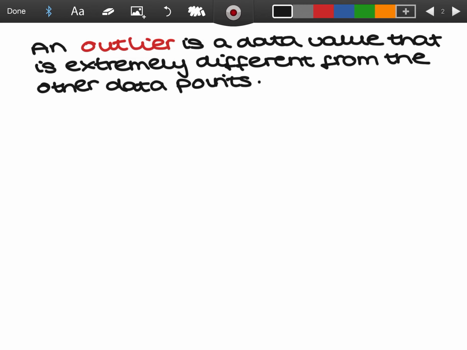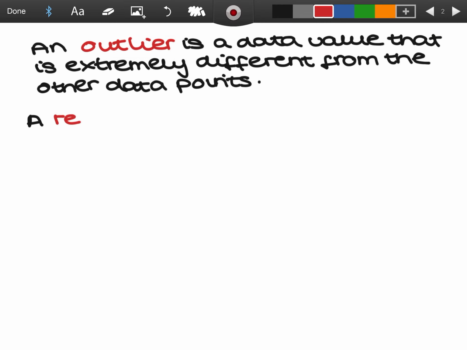Some measurements that we use in statistics are affected by outliers and some are not. If something that we work out, let's say a mean or a median or a mode, is not affected by an outlier, so outliers don't affect the value of that particular statistic, then it is called a resistant measure.